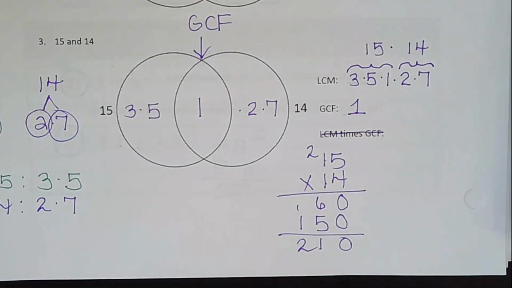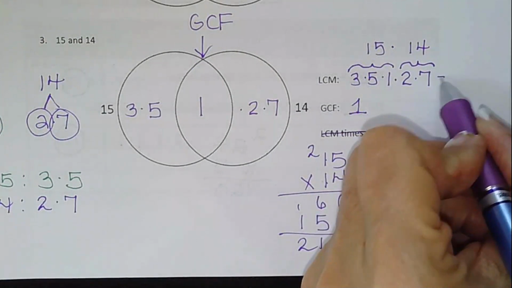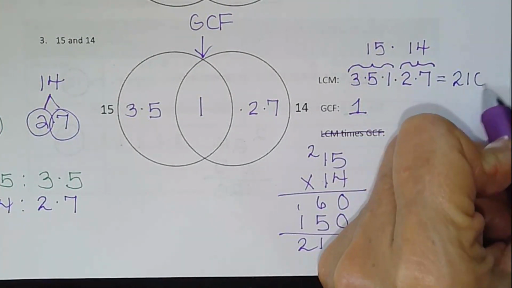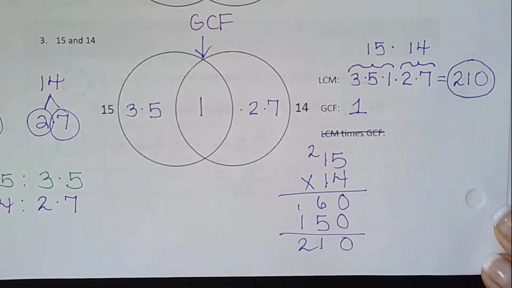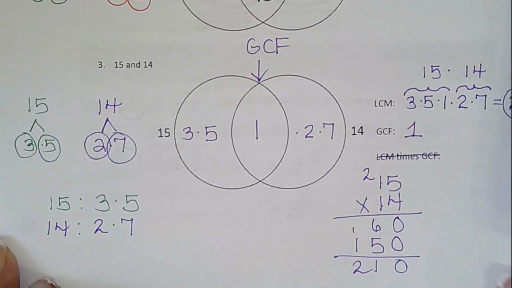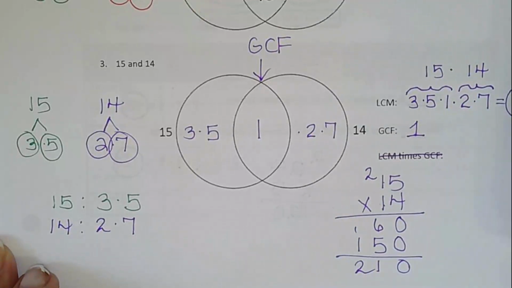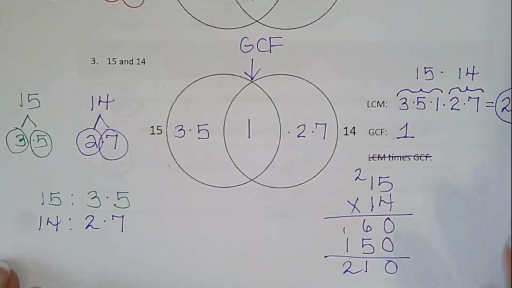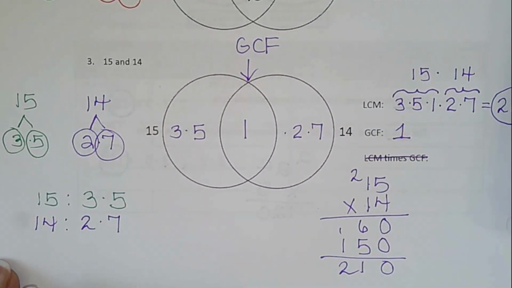I love it when we get the right answer. So 210 it is. Woohoo! So the GCF, a number that divides evenly into both numbers, is 1. The LCM, 210.